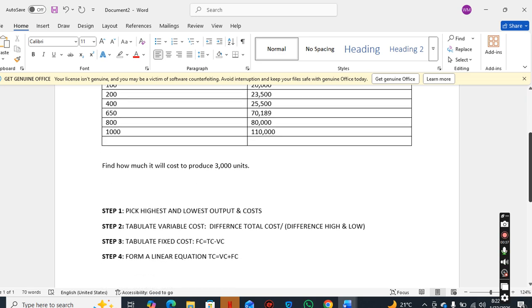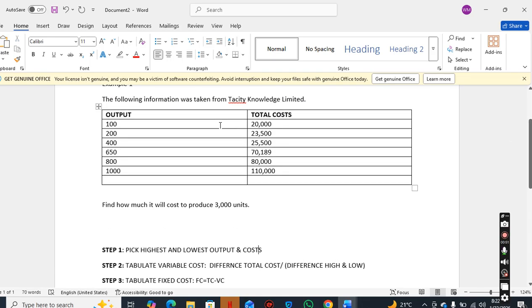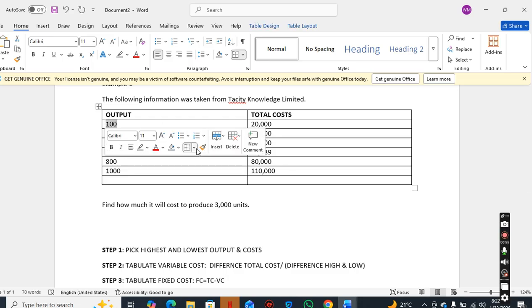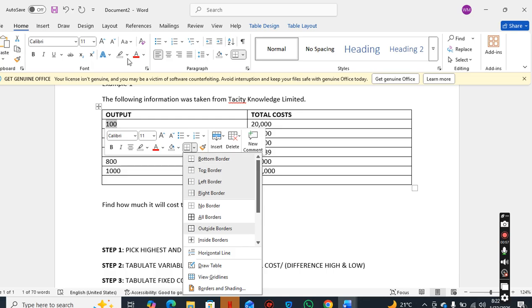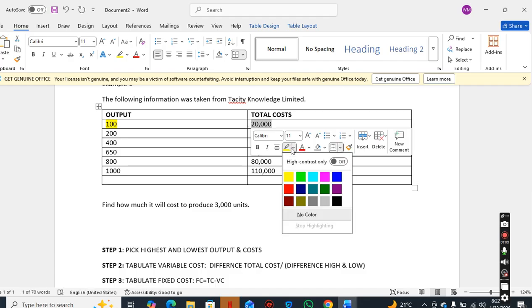So this is the step-by-step process. First step, you pick the highest and lowest output and costs. So you put your information here. You can see our lowest output here is 100 units, our lowest cost 20,000 kwacha.